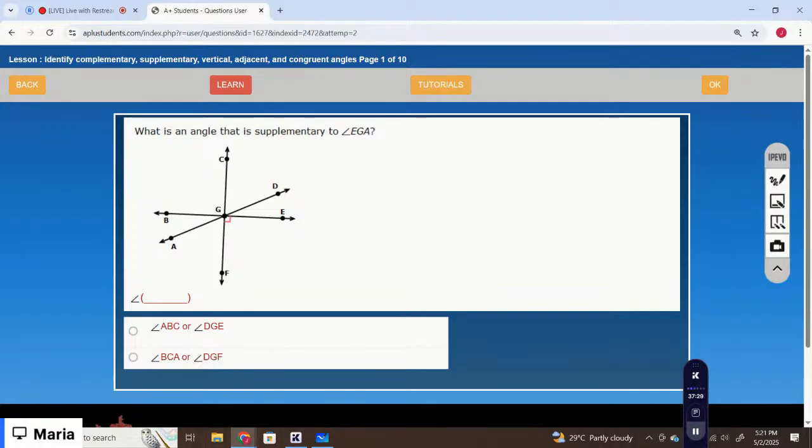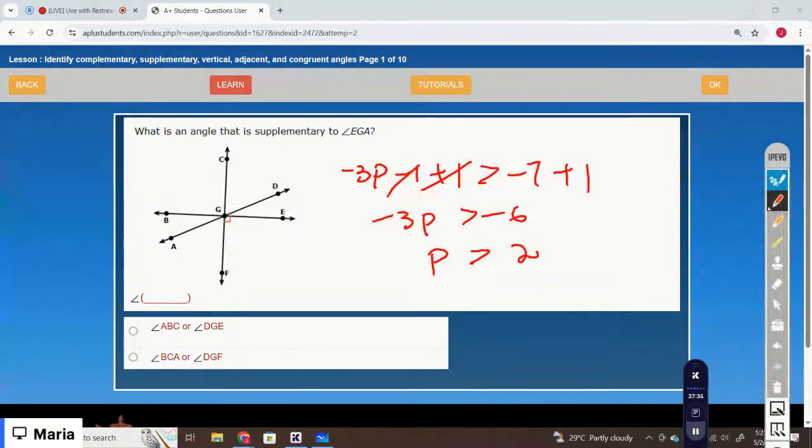What is the angle that is supplementary to angle EGA? Supplementary angles are angles that measure up to 180 degrees. So for EGA, the supplementary angle is DGE.